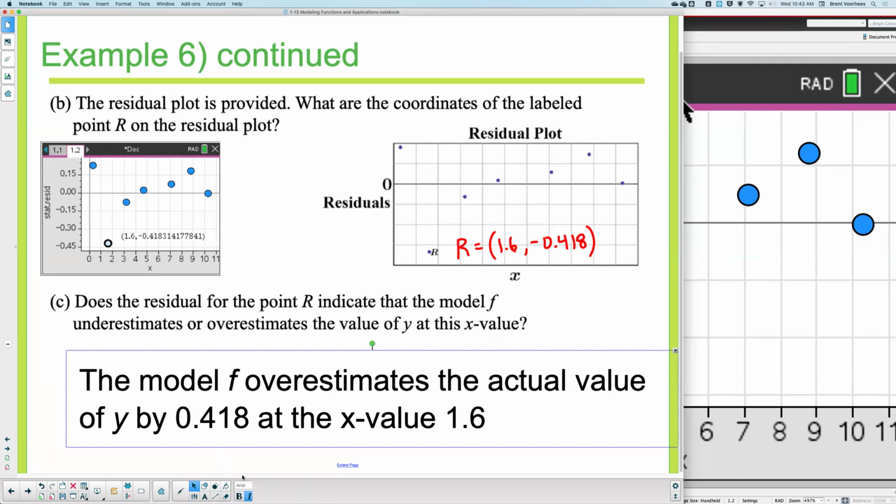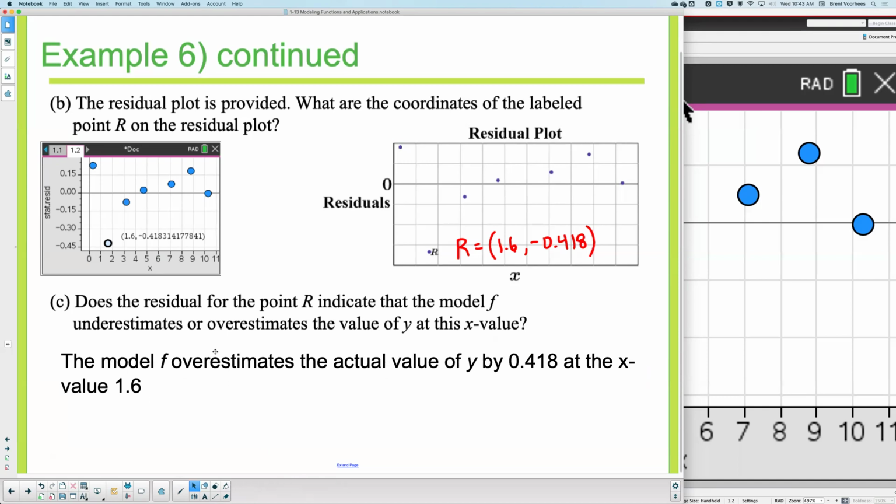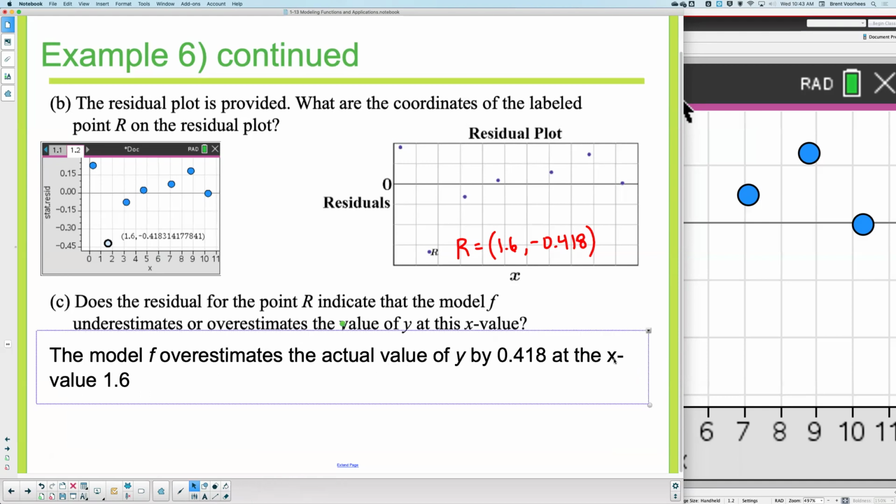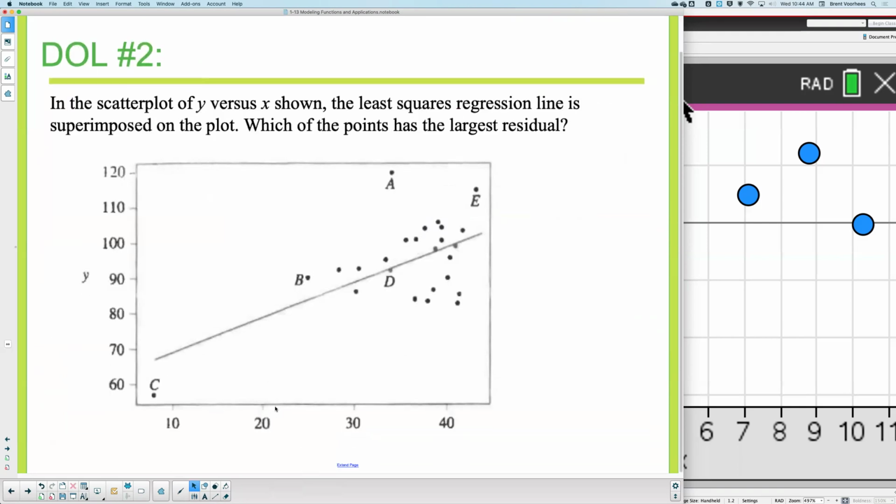There's your translation to make sense of what we just did right there. And with that, we'd have one more DOL for you to figure out.